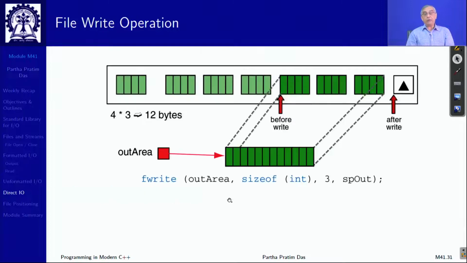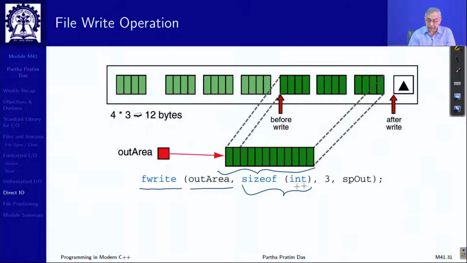Besides this, you can also have direct input output. That is particularly what you want to do with a binary file: take a chunk of data and directly write it. For that you use different functions, possibly fwrite, which takes a buffer like this. You need to specify the units in that buffer.